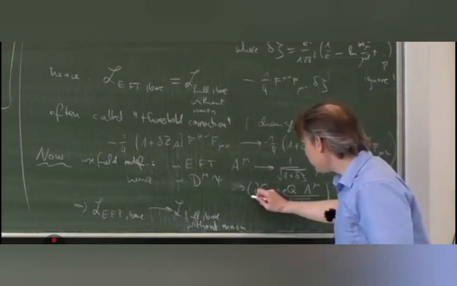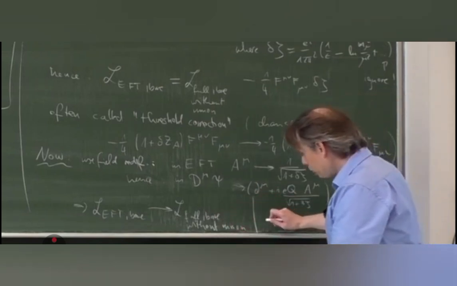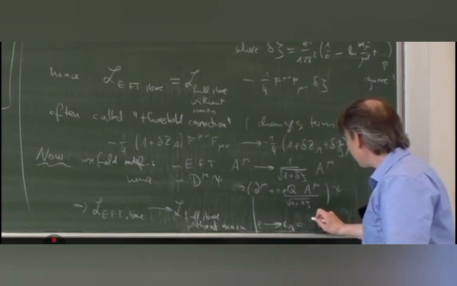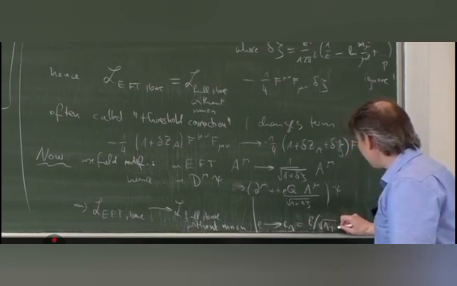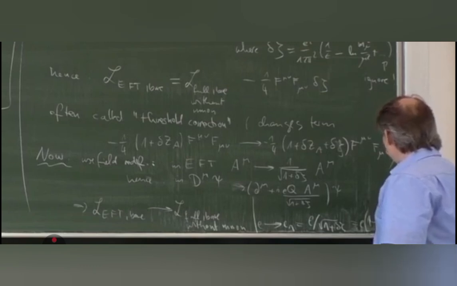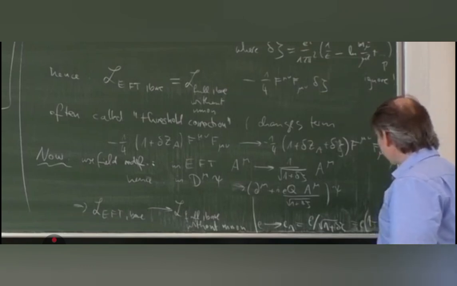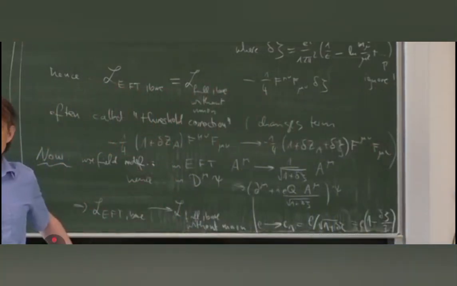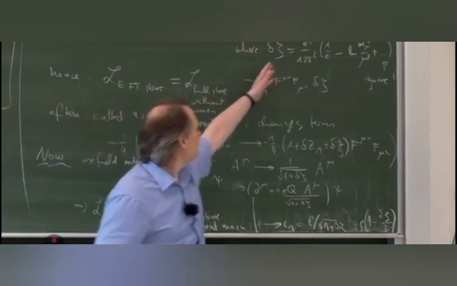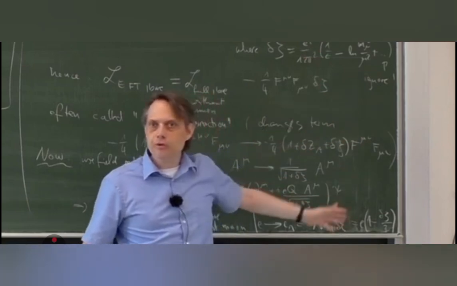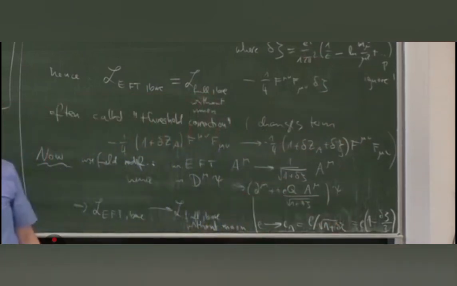So we have the full theory without the muon, but with the replacement e goes to e_1, which is given by e divided by the square root of (1 + δζ), which is approximated as e times (1 - δζ/2). And then you see that this is exactly the result of the exercise. Namely, the coupling constant changed by the value of the vacuum polarization at q² = 0, which is exactly what we see here.